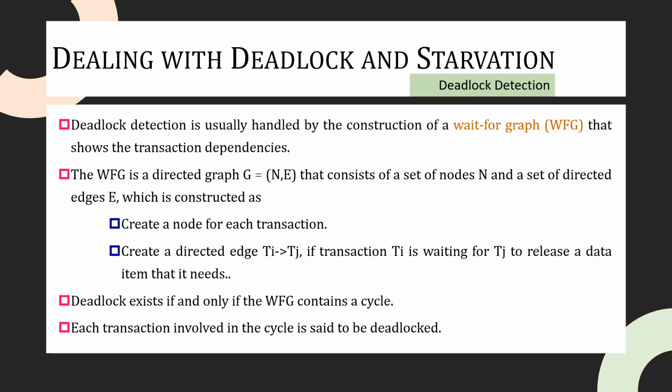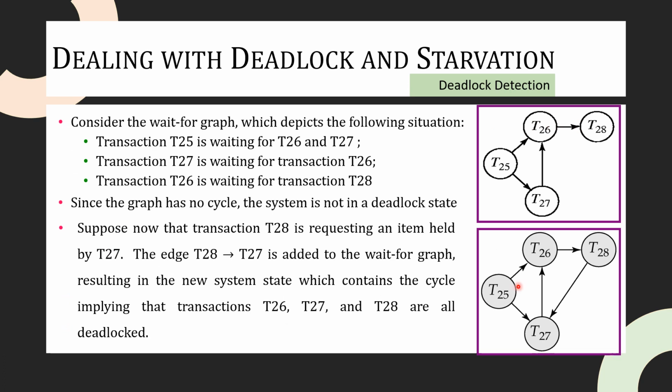Deadlock exists if and only if the wait-for graph contains a cycle. Each transaction involved in this cycle is said to be deadlocked. So deadlock exists if and only if the wait-for graph contains a cycle. As we just said, this wait-for graph consists of nodes as well as directed edges.